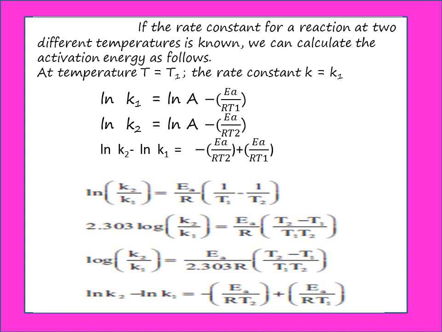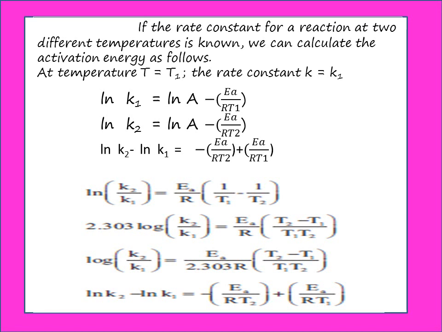So ln K2/K1 will be equal to, taking the constant term Ea/R outside, Ea/R × (-1/T2 + 1/T1). We will interchange and write 1/T1 - 1/T2. We know that ln value is equal to 2.303 log.